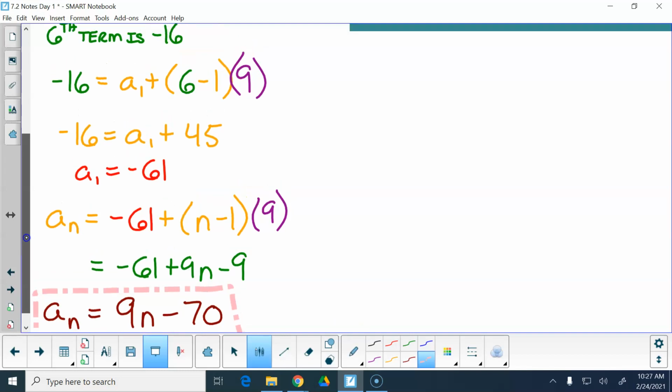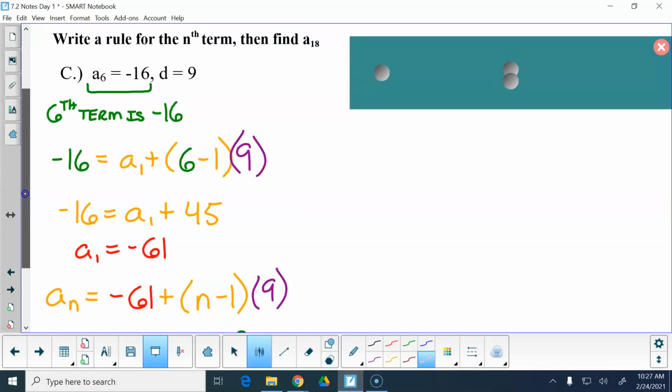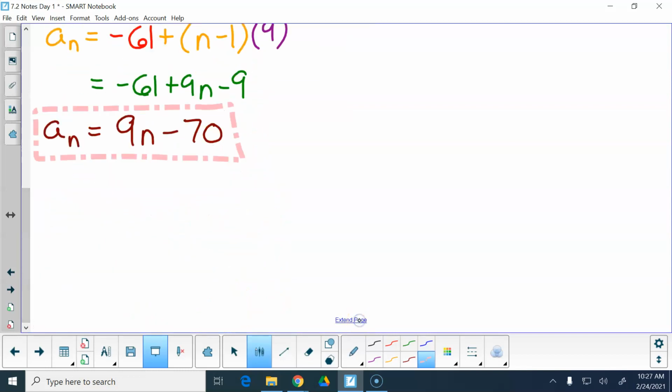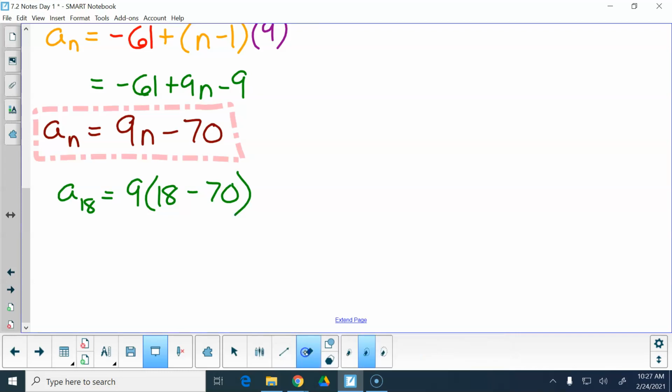Then the directions went on to ask us to use our rule to find the 18th term. Oops, put the parentheses in the wrong spot. It's a big difference.